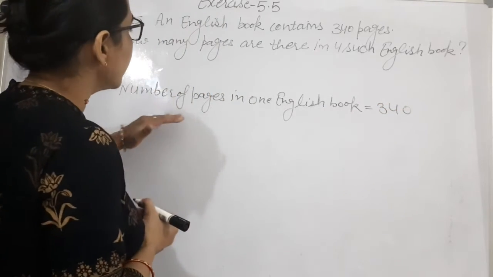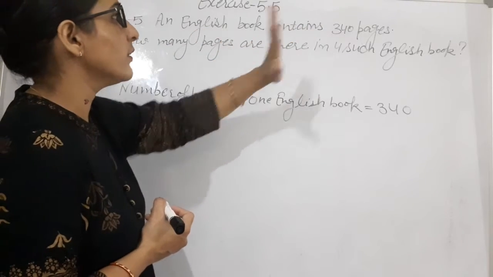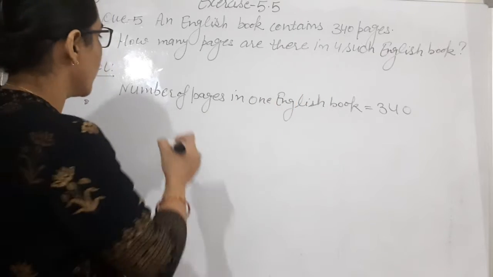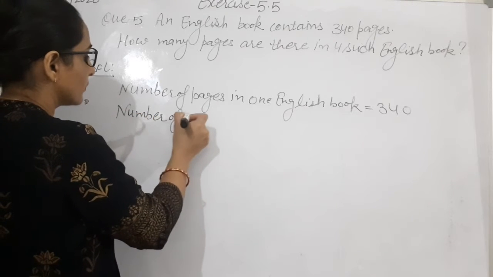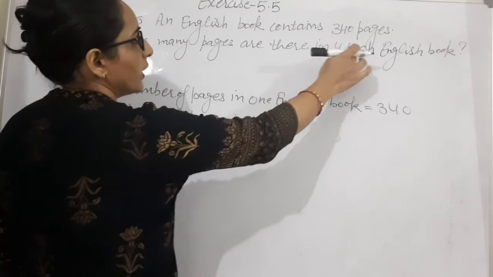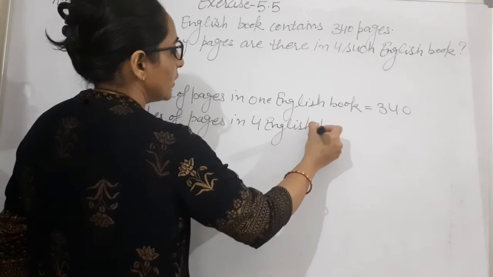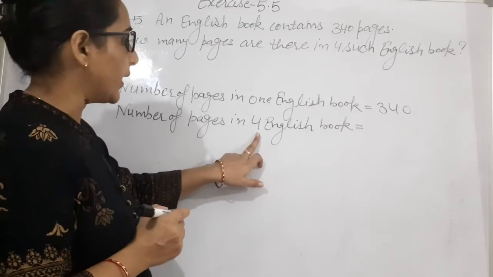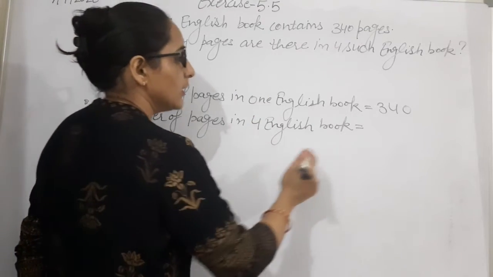Or you can write that the English book contains pages, that is 340, and the number of pages in 4 English books. Here the question is, we will find here 4 English books, one is given, we will find the more. Clear?